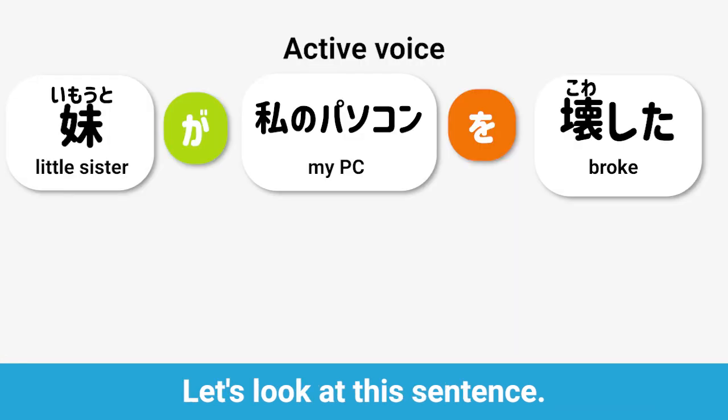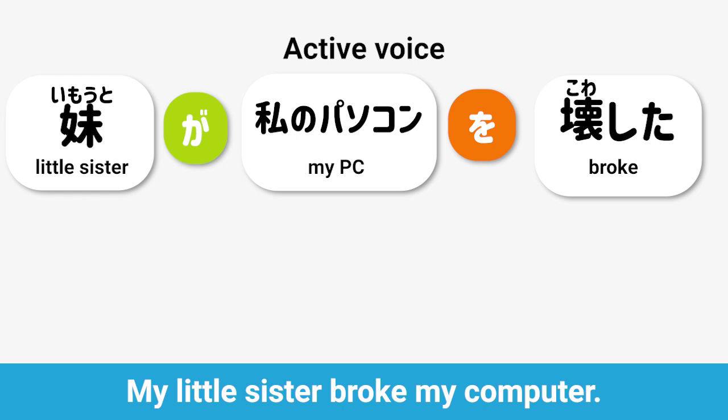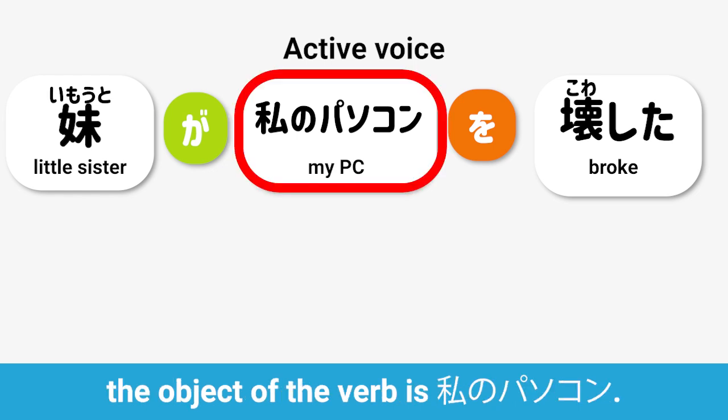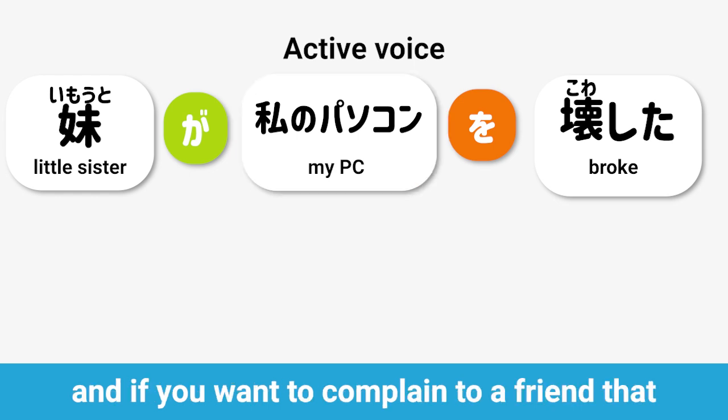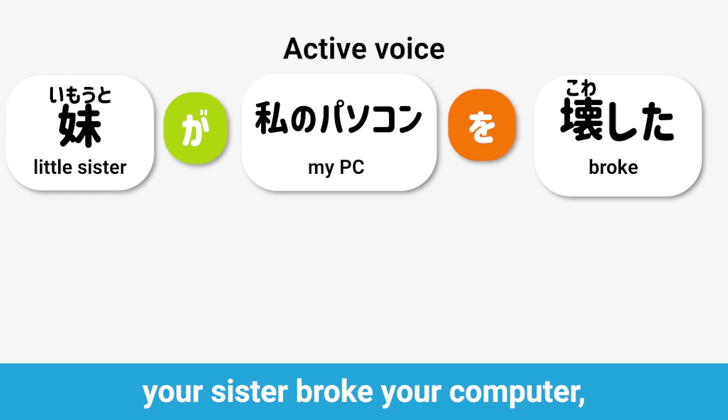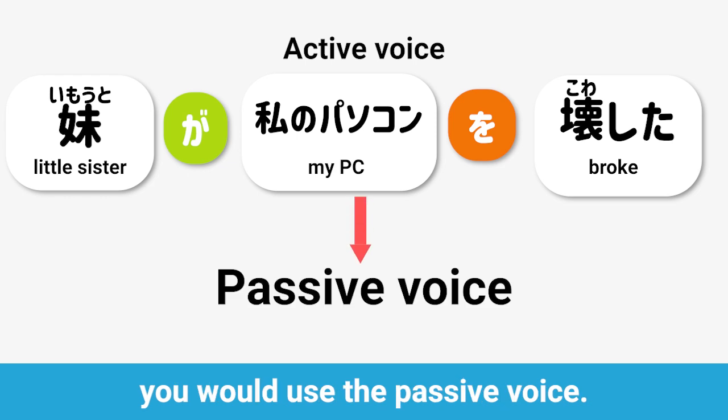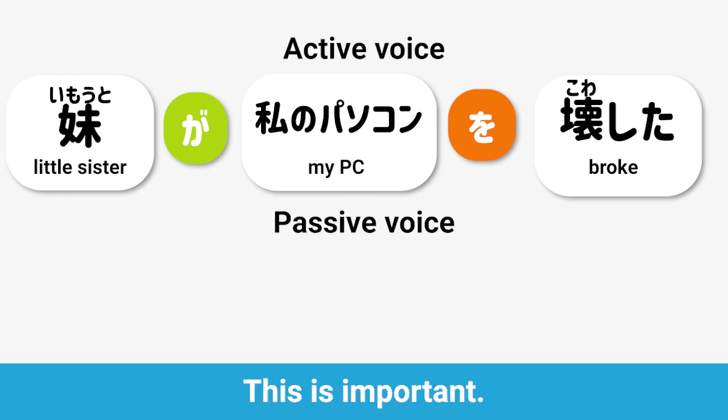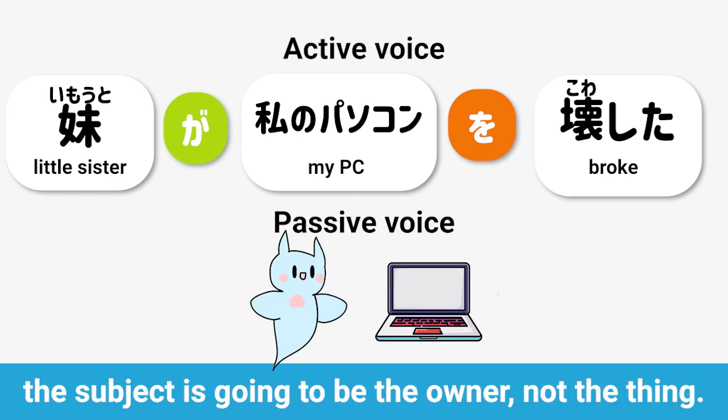Let's look at this sentence. 妹が私のパソコンを壊した。The object of the verb is 私のパソコン. And if you wanna complain to a friend that your sister broke your computer, you would use the passive voice. And this is important. The subject is going to be the owner, not the thing.